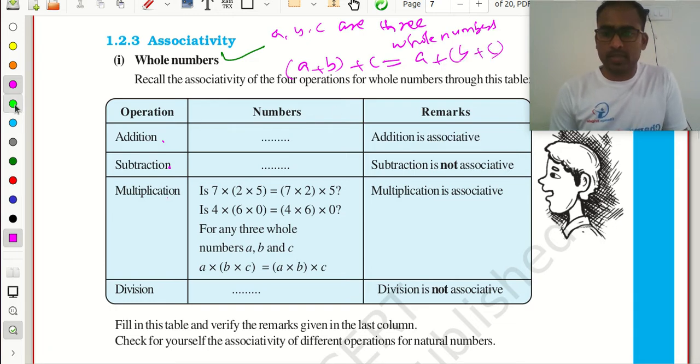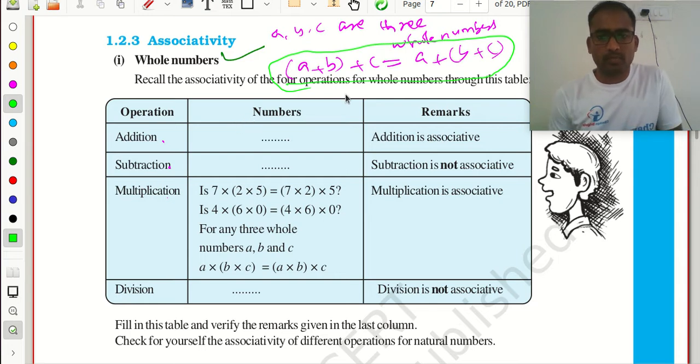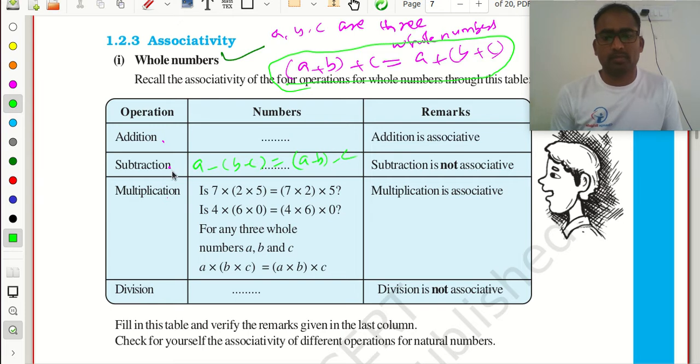If this is satisfied, then we can say associativity holds for whole numbers under addition. Is this clear? The same goes for subtraction: a minus of b minus c is equal to a minus b minus c.